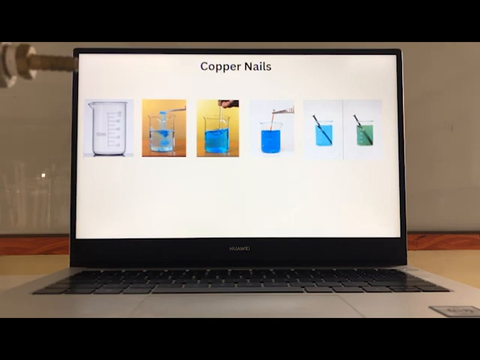So, I am the last one to report. My part is experiment 4, which is the copper nails. Copper nails involves a 100 ml beaker, and we can see there is a nail in it, and a solution called copper sulfate solution.